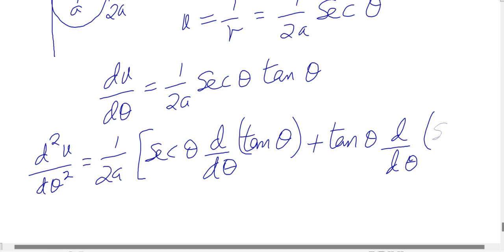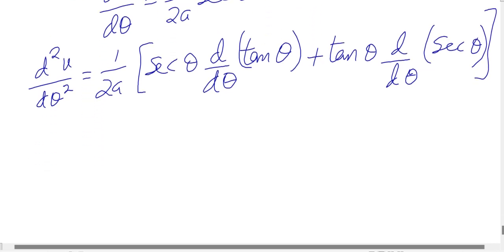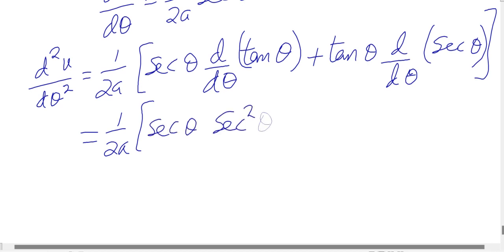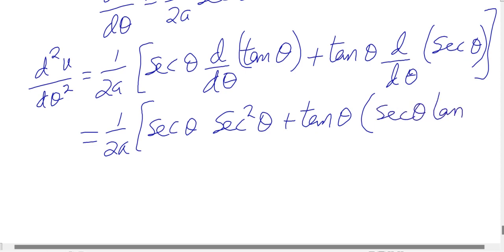We differentiate sec theta. The derivative of tan theta is sec squared theta. So we get sec theta times sec squared theta plus tan theta. The derivative of sec theta is sec theta tan theta.